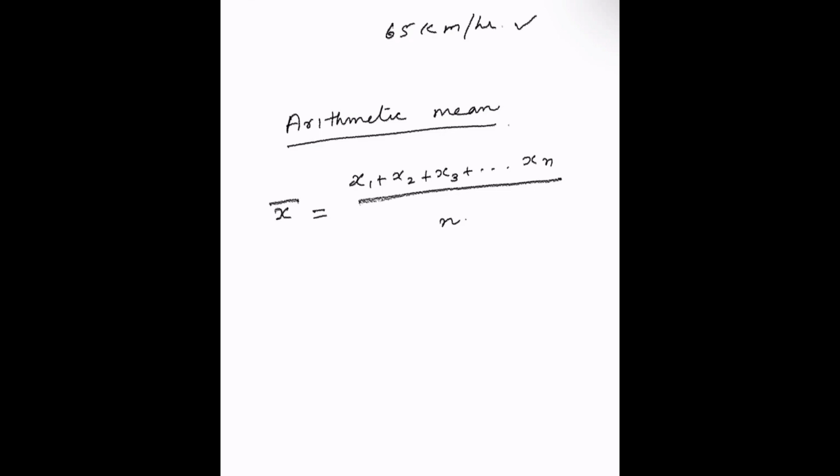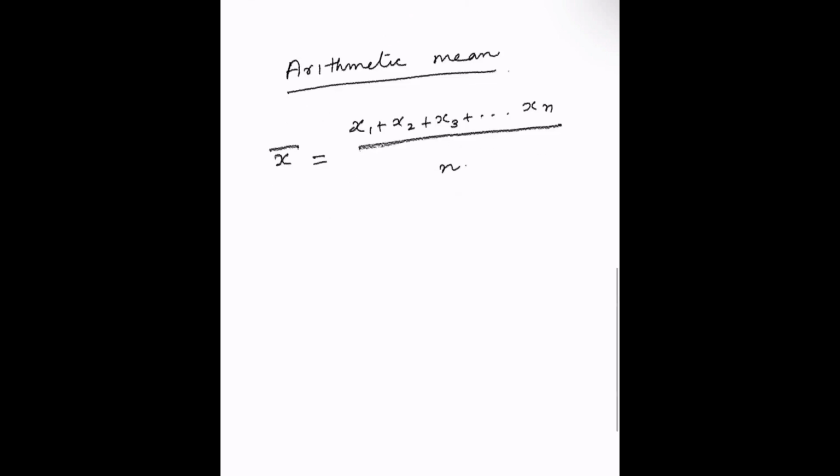You can also write x1 plus x2 plus x3 and so on as sigma x divided by n. Sigma x means sum of observations. Sigma means sum of. So sigma x by n also gives you arithmetic mean. This is called sigma.